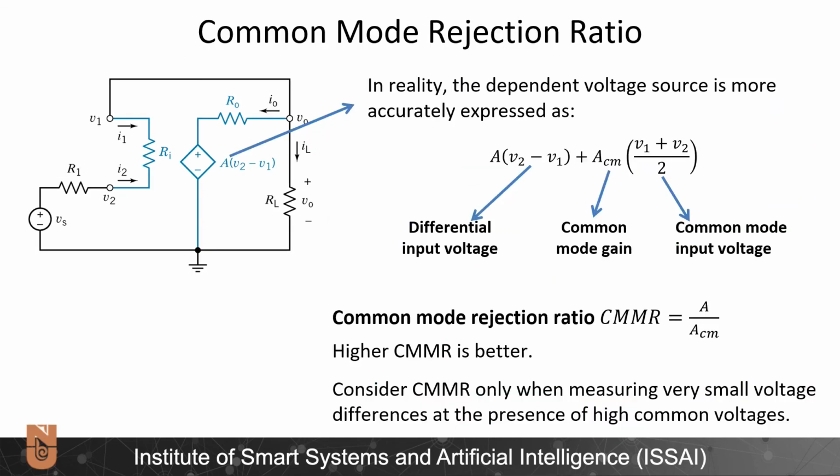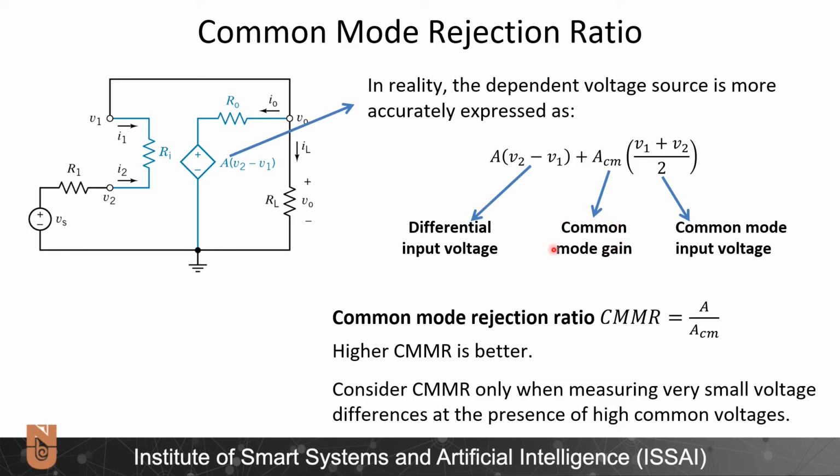In reality, the finite gain model of the operational amplifier can be more accurately expressed as the summation of A times V2 minus V1 plus A common mode times V1 plus V2 divided by 2. So V2 minus V1 is the differential input voltage at the input terminals of the operational amplifier. We have this gain A, which is a very high value on the order of around 1 million or so.